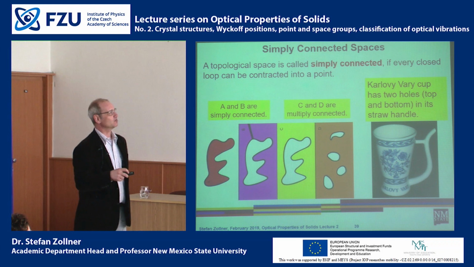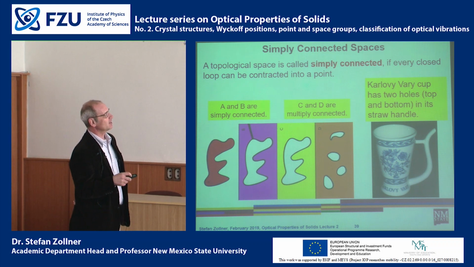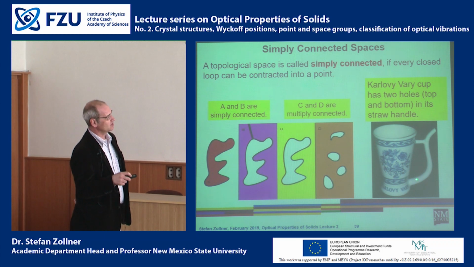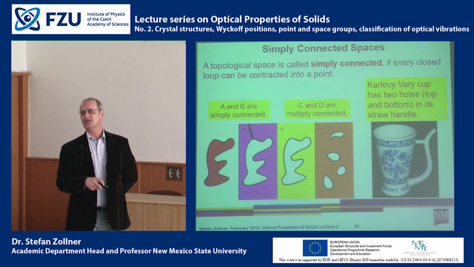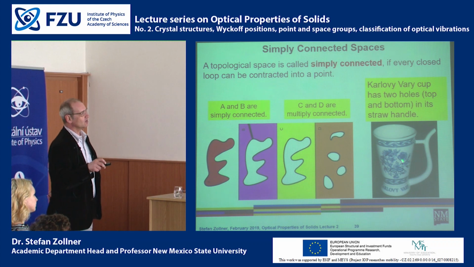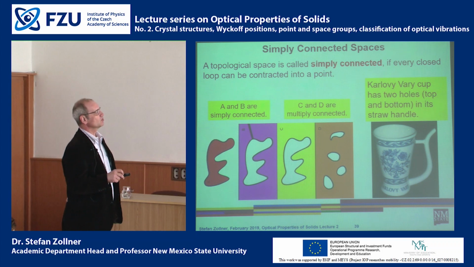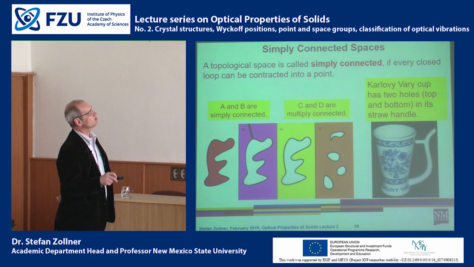This is topologically non-trivial because it is not simply connected. The interesting feature of this cup is that this handle here is also a straw. So you fill the water in here and then you suck it out here. In this cup, there's a hole here at the bottom, but there's another hole up here. So therefore, this is also an example of a topological space which is not simply connected.